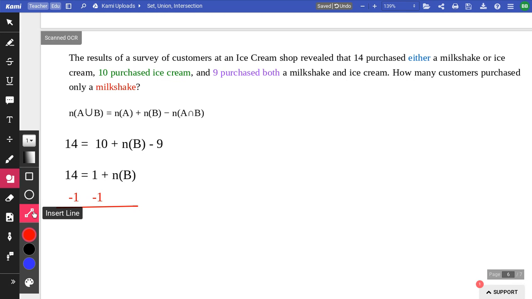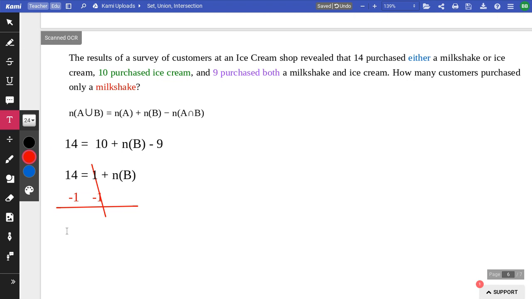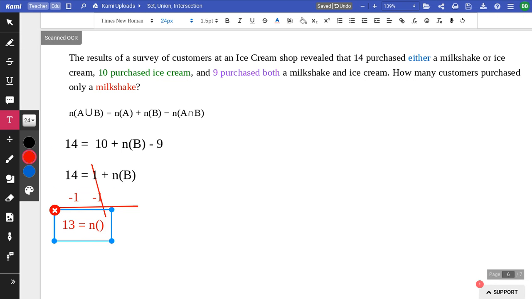Okay, so what happens there? These cancel out. Then what do we have left over? 14 minus 1 is 13. And that equals N of B. Therefore, 13 people only purchased milkshake.